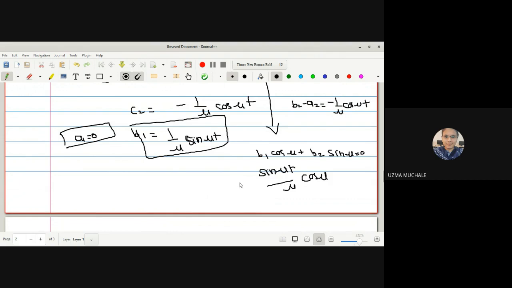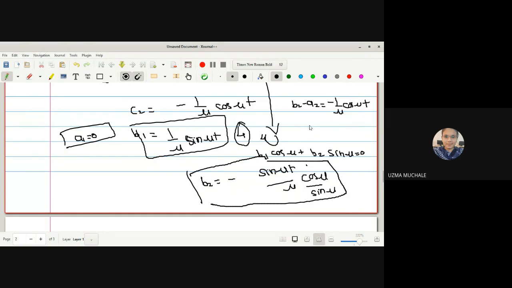So with the help of that, from equation 4, as we have calculated the value of b1, we can get the value of b2.